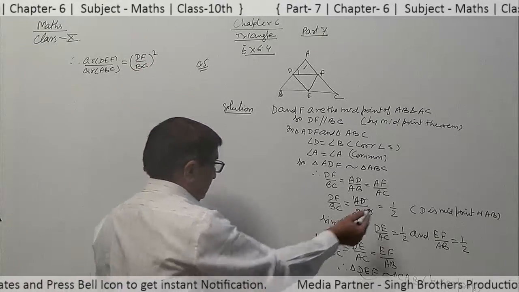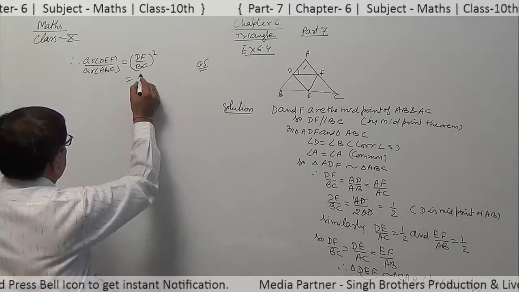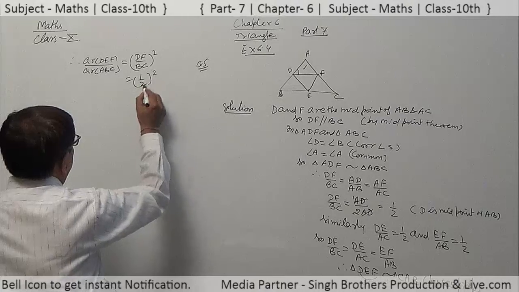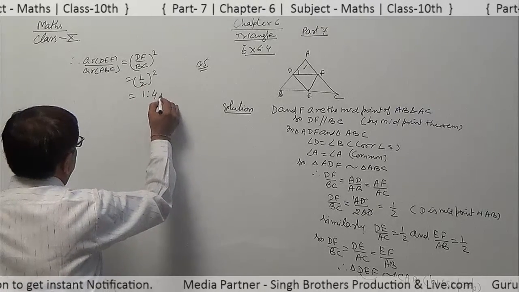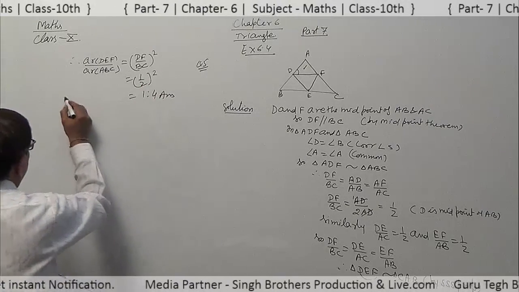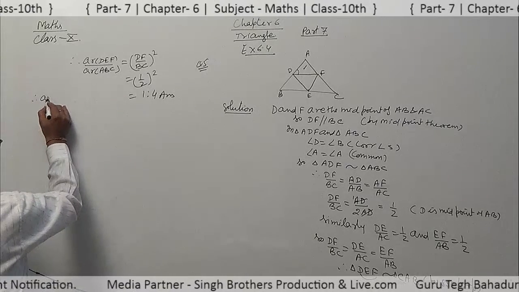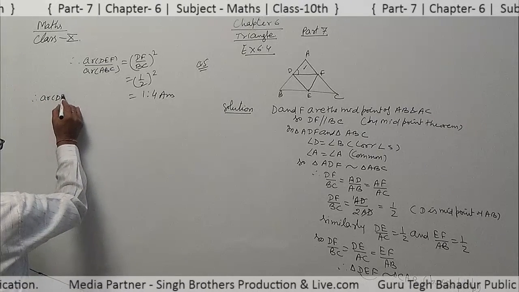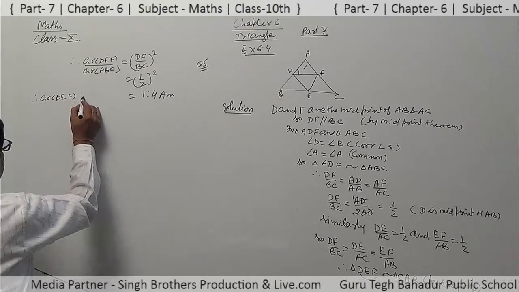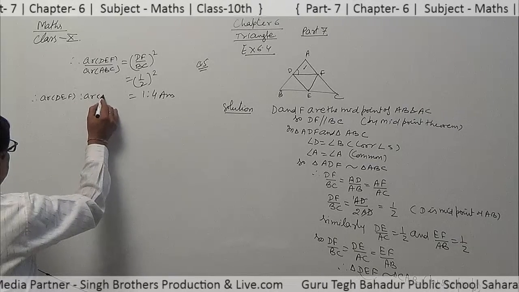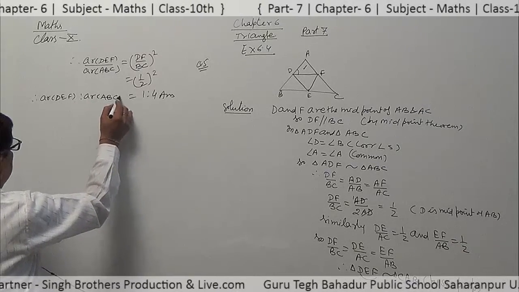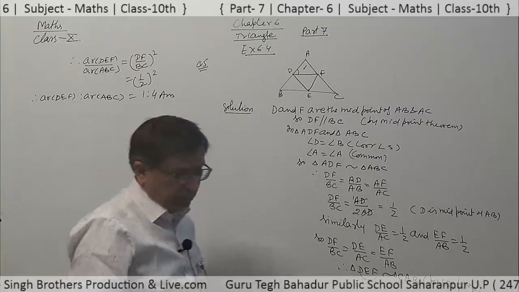DF upon BC is 1/2 squared, that is equal to 1/4. Therefore, the ratio of the area of triangle DEF to the area of triangle ABC is 1/4.